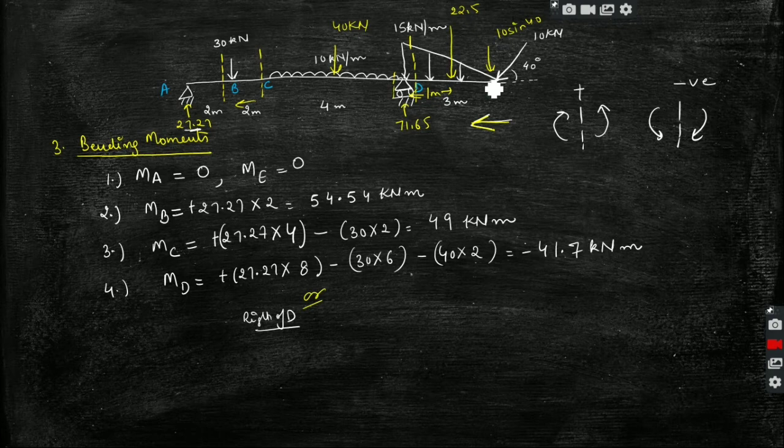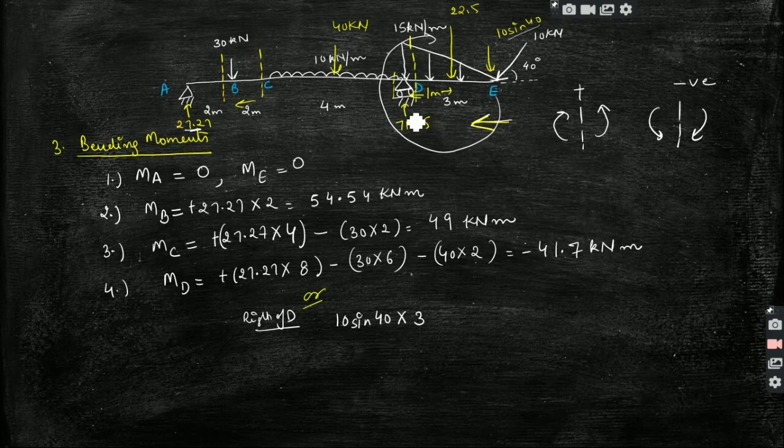The moment due to this 10 sine 40 at D will be 10 sine 40 into this distance, which is 3 meter, and this moment will be clockwise, right? But here we will take the sign to be negative. Why?